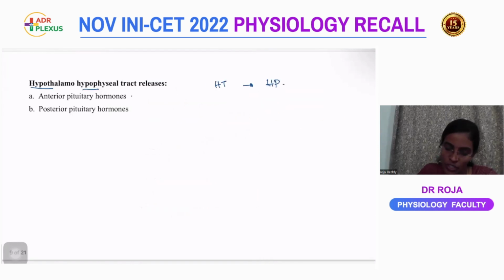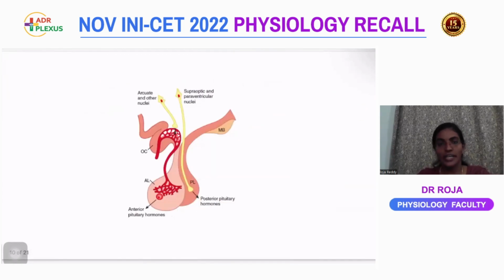Okay, so the question given over here is hypothalamo-hypophyseal tract releases. So how that connection is established between the hypothalamus and the pituitary is important, right? Now, this hypothalamo-hypophyseal tract is mainly the connection between the hypothalamus and the posterior pituitary.